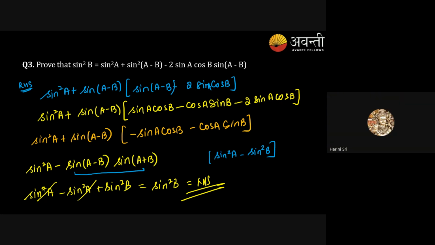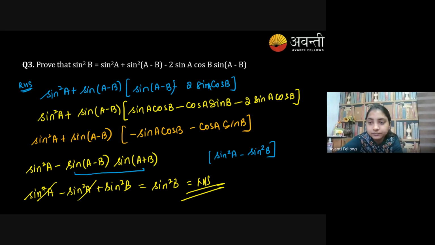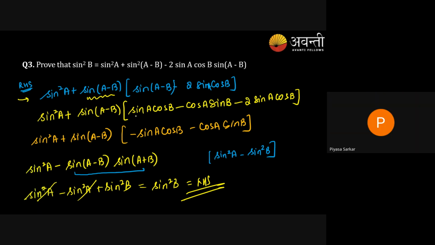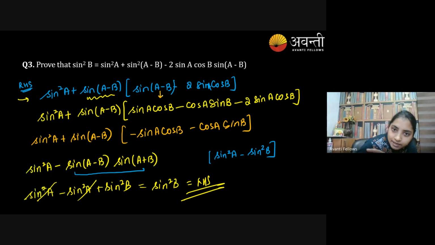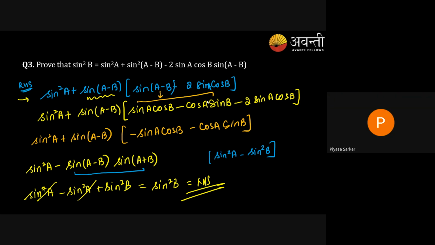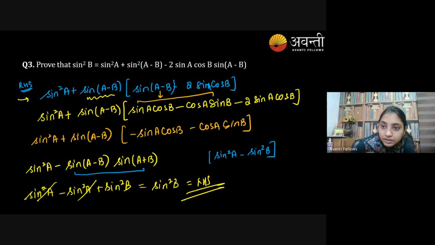Ma'am, can you please explain the second line? Yes, Piyasa, sure. Just remember, in the first step I took the common sine a minus b. Agree? Then I applied the sine a minus b formula, that will be sine a cos b minus cos a sine b. So can you see minus 2 sine a cos b plus sine a cos b, so it will be minus sine a cos b.